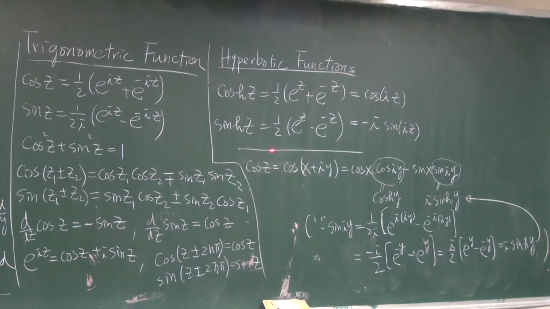We also have some relations between the cosine function and the hyperbolic functions. Cosine z here can be written as cosine of x plus iy, and then we expand it in this way. Cosine iy is just hyperbolic cosine y, and sine iy is just i times hyperbolic sine y. The reason why we have this equality is written here.